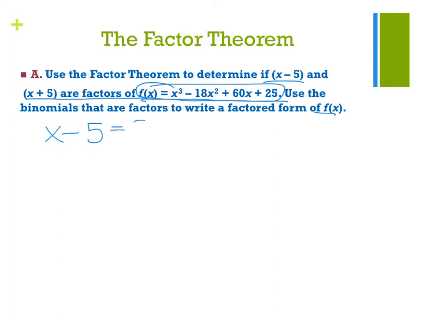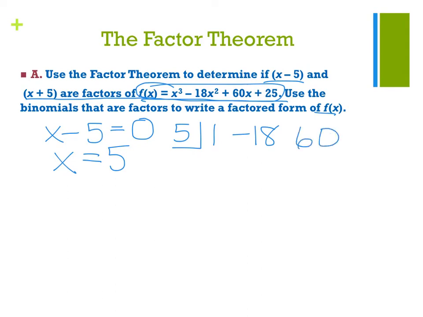So first of all, I need to figure out what my divisor for the synthetic division is. And if I set x minus 5, my divisor, equal to 0, my divisor then is x equals 5. So I'm going to go ahead and carry out my synthetic division using 5. And my polynomial is x cubed, 1x cubed, so I have a 1, negative 18x squared plus 60x, so I'm going to have 60 next, and then a positive 25.